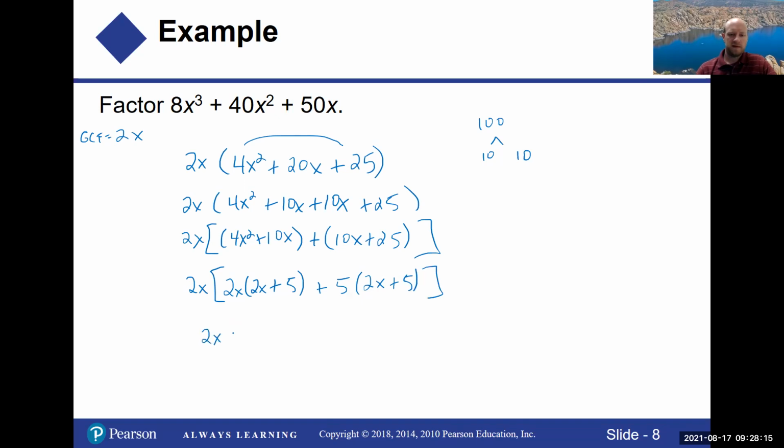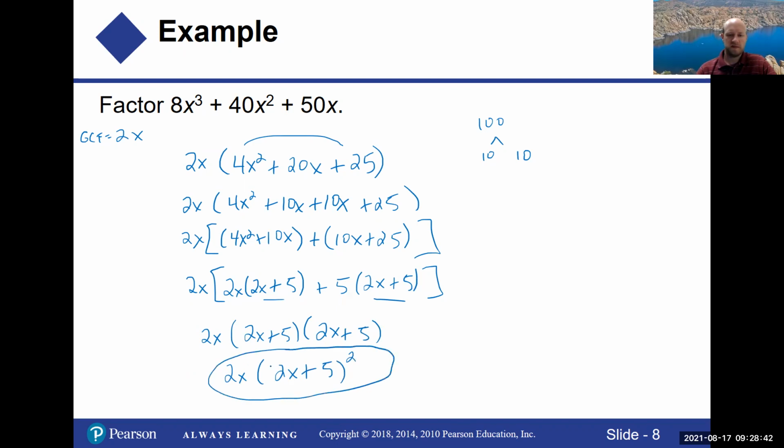And then we notice that this would be just 2x times 2x plus 5, and then times another 2x plus 5. So this guy and this guy go together, and then the 2x plus 5 goes together. And I can write those expressions as 2x plus 5 squared because I have two of those.